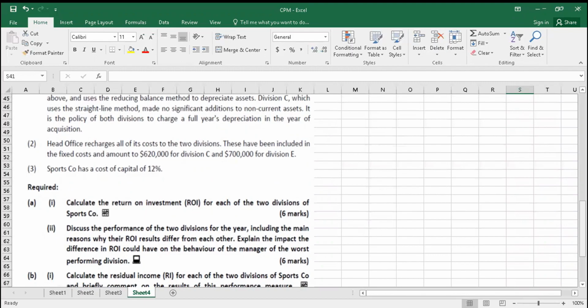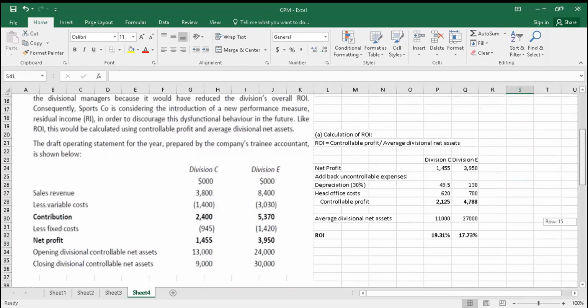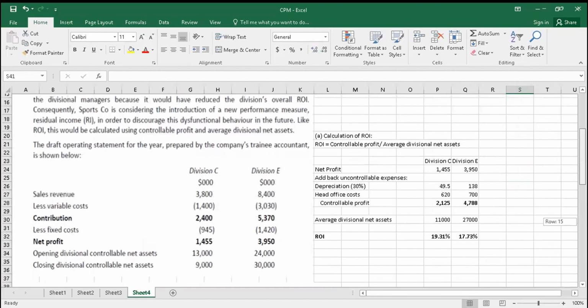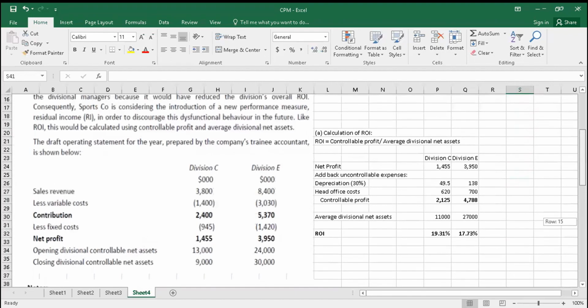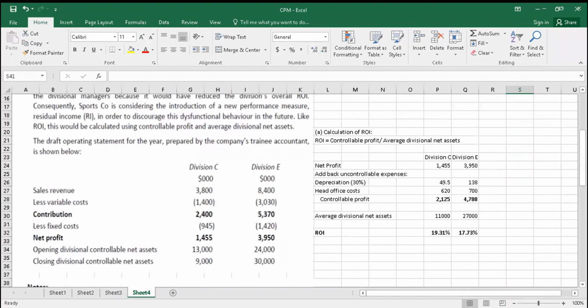But why is there a difference in the answer? We'll focus on the formula. The formula says for an amount of investment made, what is the amount of profit earned? But of course, we have converted that into percentages.